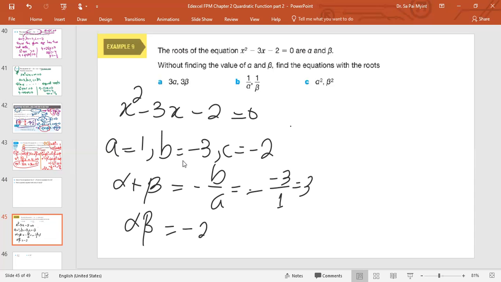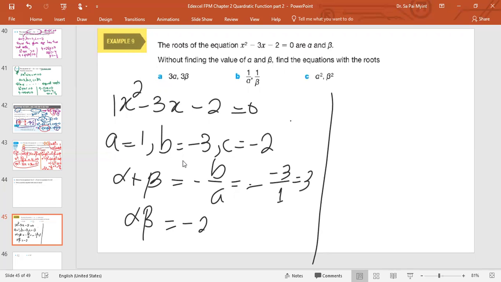Okay. This one we can write directly because the x square coefficient is 1. We don't need to divide. If there are other numbers, we need to divide. And then we need to find alpha plus beta and alpha beta. If there is a coefficient, we cannot find it like that. Okay. So alpha beta equal to minus 2. So what do you get?